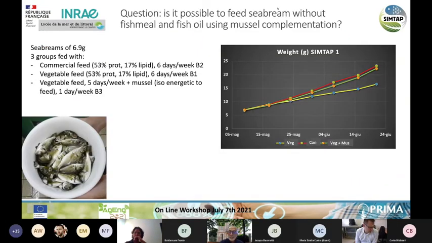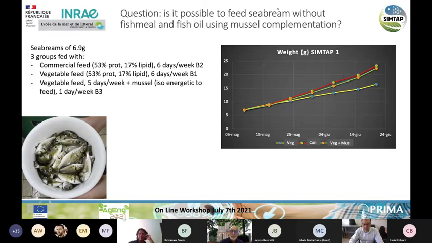Before running the SIMTAP prototype, we wanted to check if it was possible to feed sea bream without fish meal and fish oil, using only vegetable feed with mussel complementation. Therefore, we built a small experiment based on young sea breams of 7 grams, spread out in 3 groups, fed with commercial feed 6 days a week, vegetable feed 6 days a week, or with the vegetable feed during 5 days a week, and mussel added at isoenergetic level.